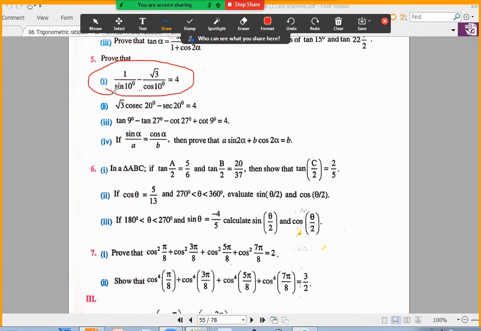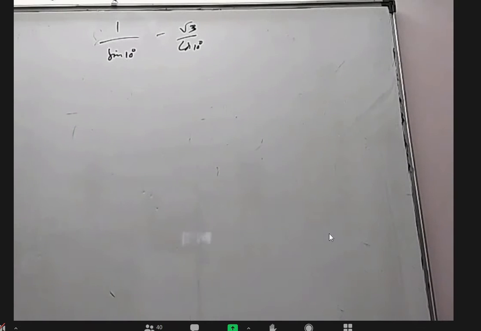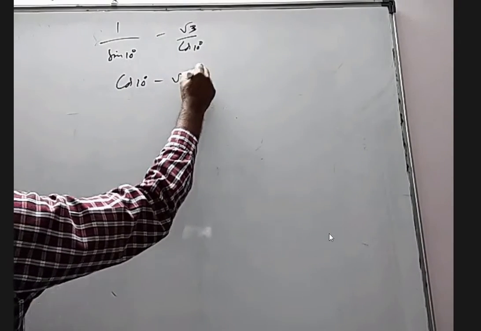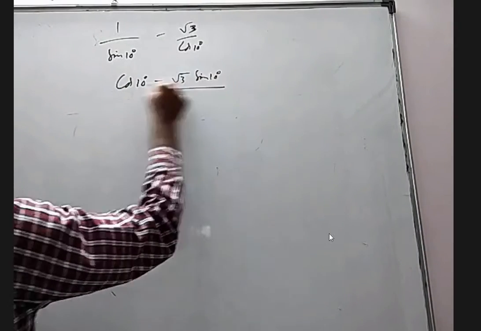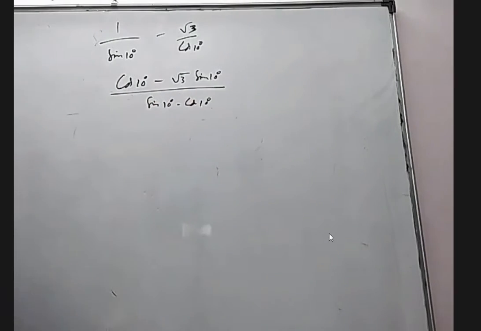One by sine 10 degrees minus root 3 by cos 10 degrees. If I take LCM for this, I will get cos 10 degrees minus root 3 times sine 10 degrees by sine 10 degrees into cos 10 degrees.